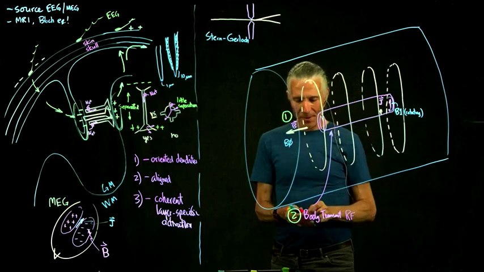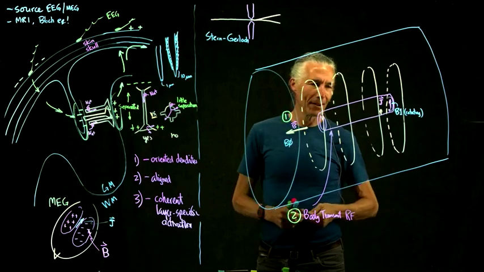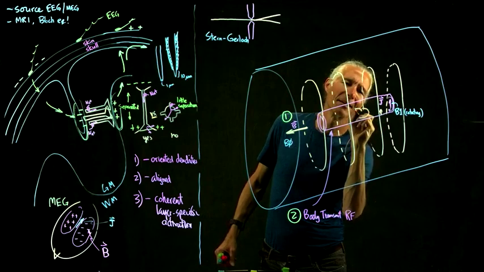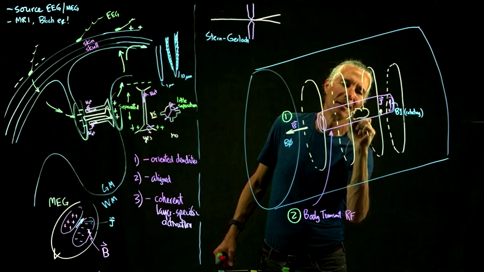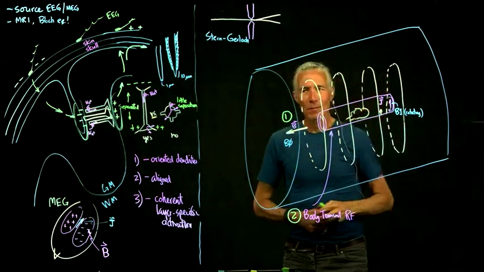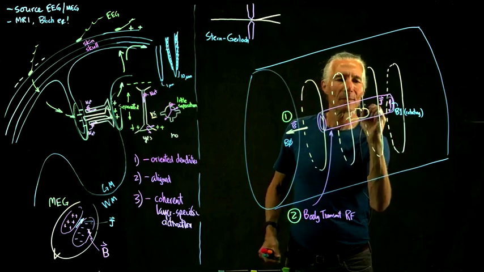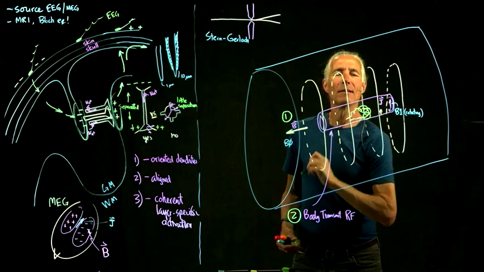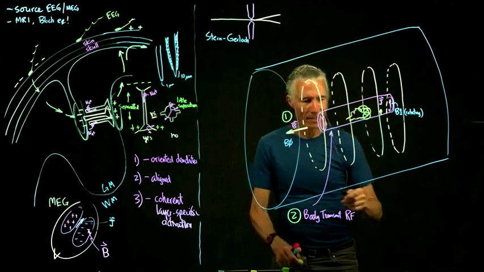So then you've got your head in there. Let's draw the person's head in there. There's a head. And then we've got some coils that are around your head to pick up the signal. So here's some coils around your head, and that's number 3.